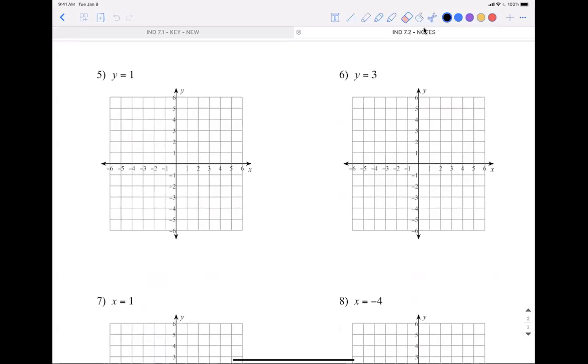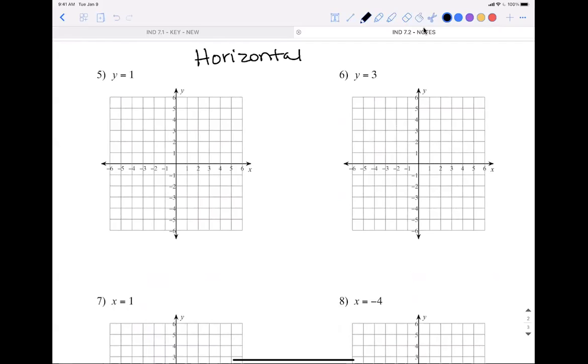So Y equals are always horizontal. Think Y's sunrise, and think about your horizon. When you're looking at the sunrise, which direction does your horizon run? It runs this way, right?